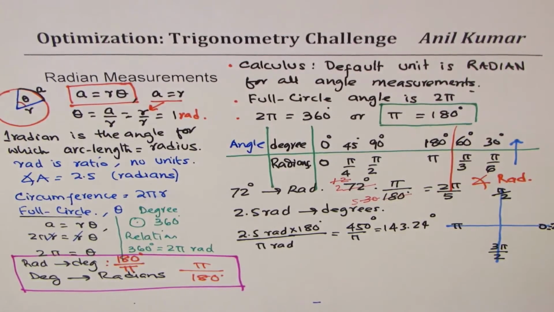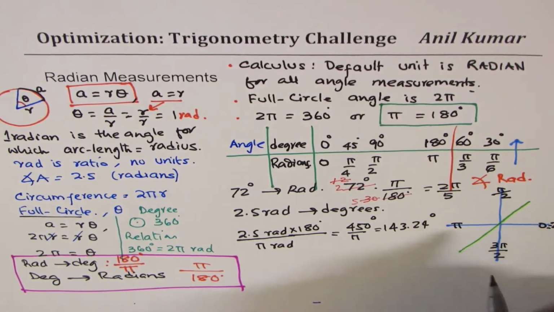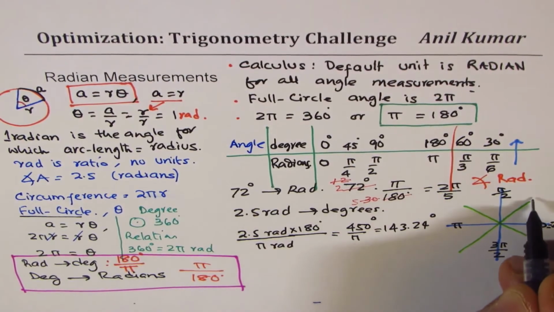Now, if I do half of this, then what do I get? I get multiples of pi by 4, correct? So this becomes pi by 4, 1 pi by 4.